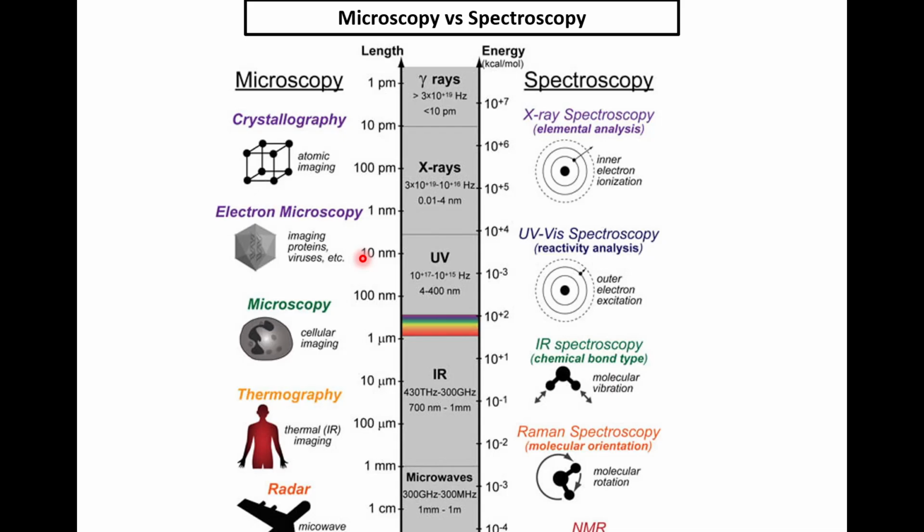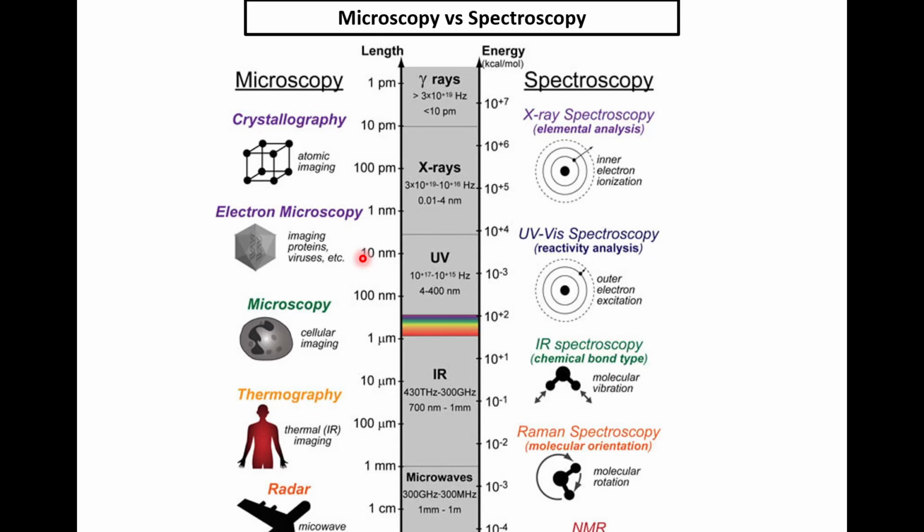Then comes UV visible spectroscopy. With UV visible spectrometers, you can follow chemical reactions or visualize the nature of a molecule, like DNA, RNA, and proteins. We all use UV visible spectroscopy in our lab.